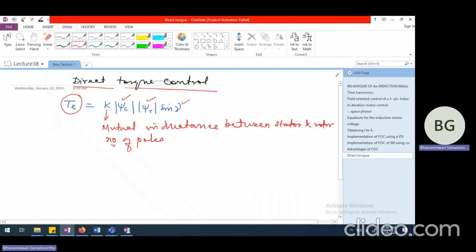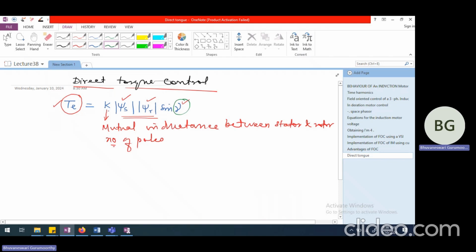If we are really looking at not touching the flux linkage values at all, only modifying the electromagnetic torque, then we should be able to just modify this gamma, the angle between stator and rotor flux linkages, and that is what really decides the electromagnetic torque.